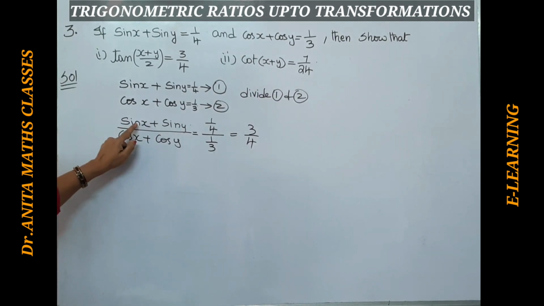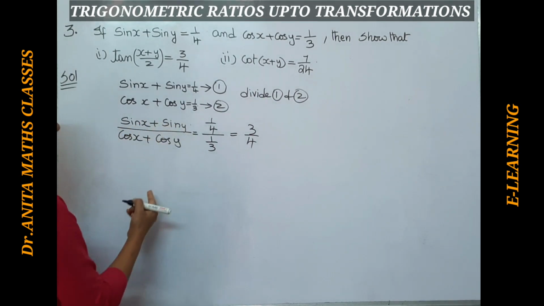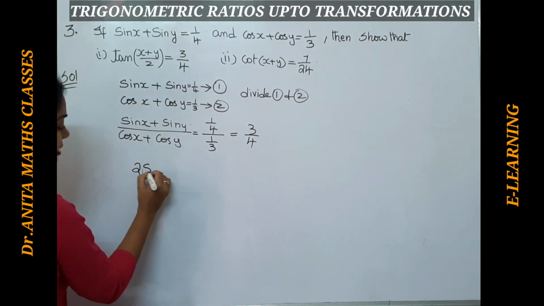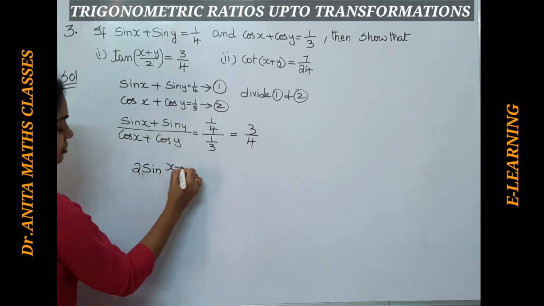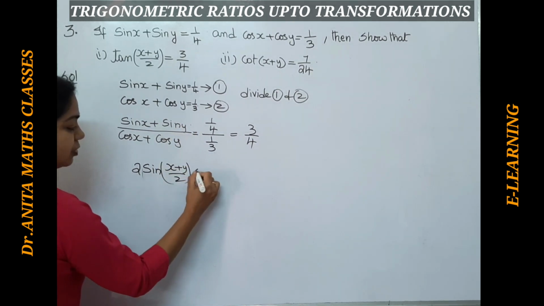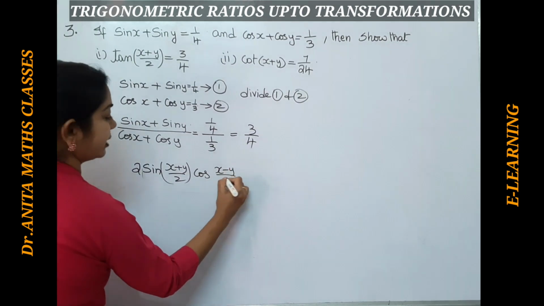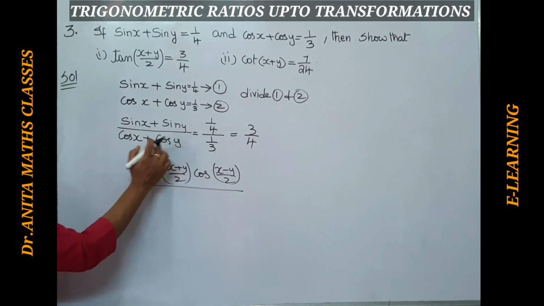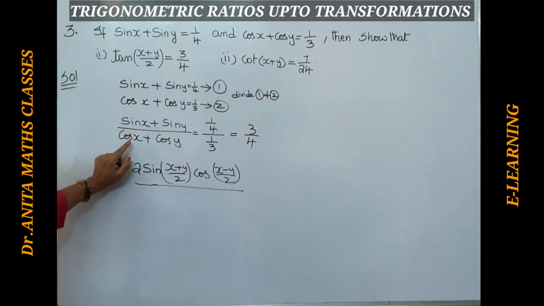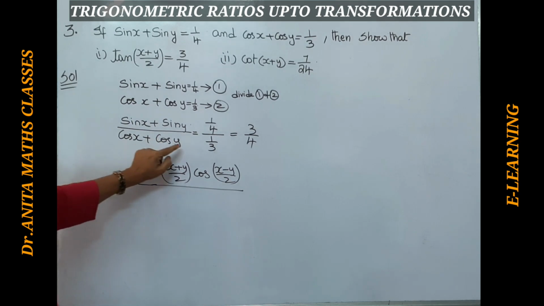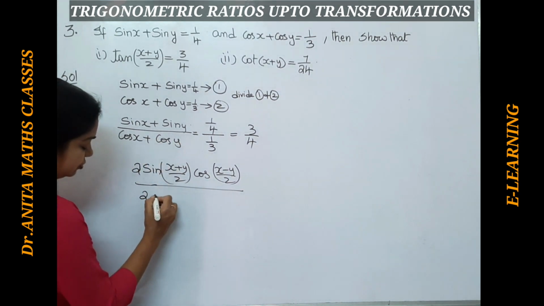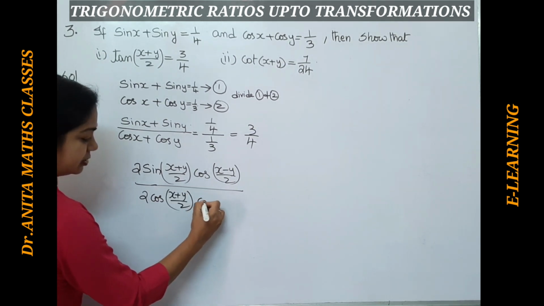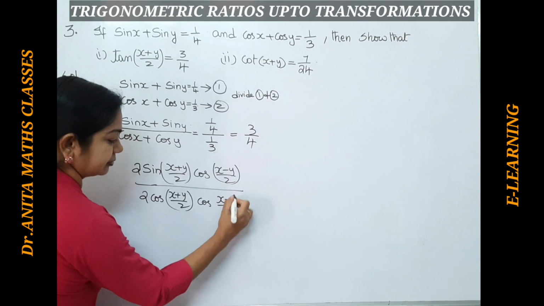Now if you see this, we can apply the C and D formula here. So the numerator becomes 2 sin of (C plus D) by 2, so x plus y by 2, cos of (C minus D) by 2. And below also we apply the C and D formula: for cos x plus cos y, cos C plus cos D, we get 2 cos of (C plus D) by 2 and cos of (C minus D) by 2.